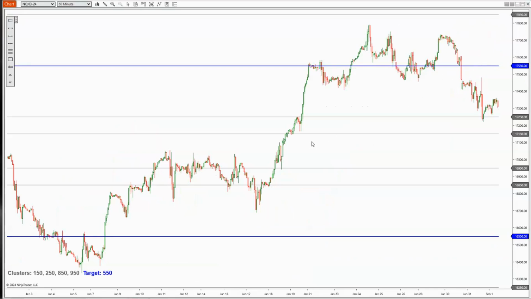Now I will be providing you the free templates that have the statics on it. So this is the statics. You've got clusters, which are the gray lines, and then you have the target. A couple of videos ago, I showed you that on the hard right edge, I don't look at these numbers per se. I just look at it from 0 to 10, and the five in the middle is the determining factor.